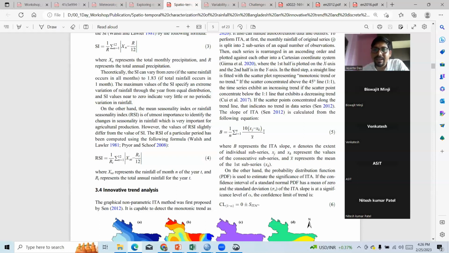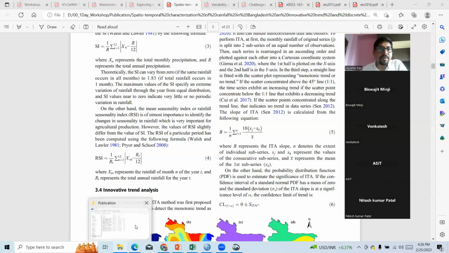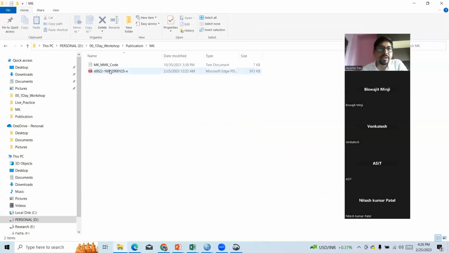Xj minus xk, where xj means the second subseries, xk means the first subseries, and x bar means the average of the first subseries. Then this is a summation, 1 upon n. So I have used this one because it is suggested by another researcher for comparison with the Mann-Kendall test. I forget the name of this researcher, but I can share this paper.